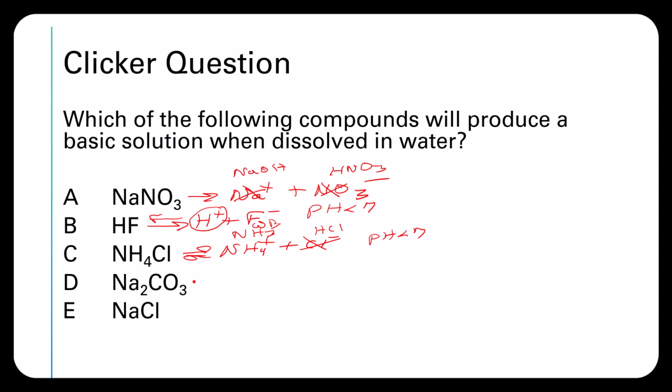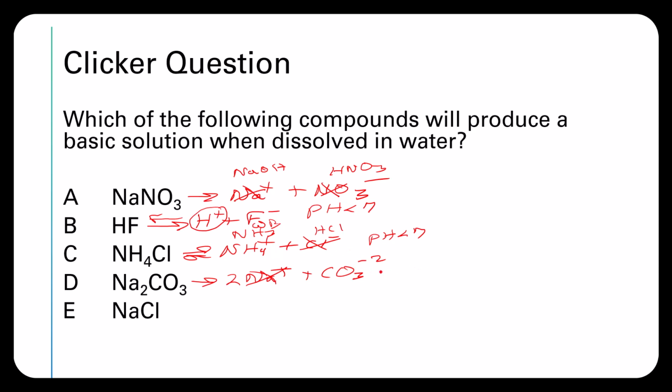Sodium carbonate will dissociate completely into 2 sodium cations plus carbonate anion, and it's got a 2 minus charge. We'll examine the sodium cation first. We've already talked about it. It's a neutral cation.